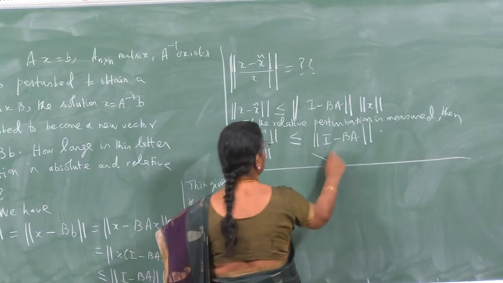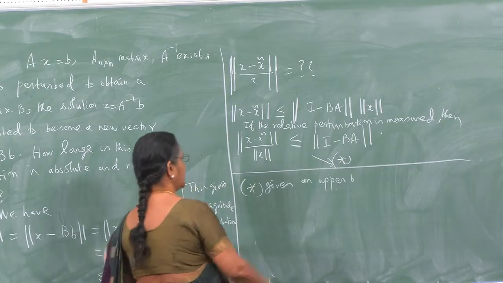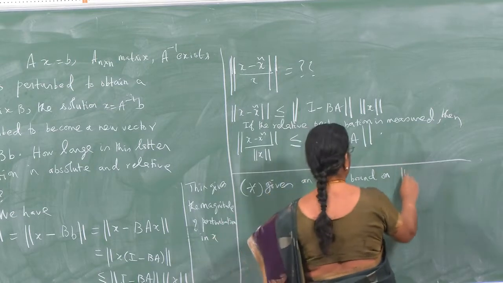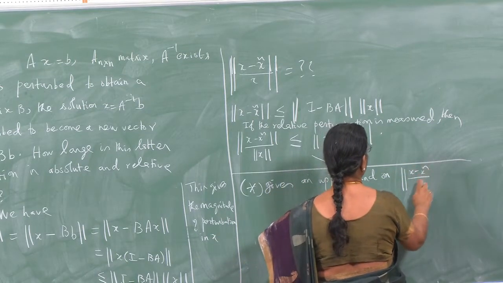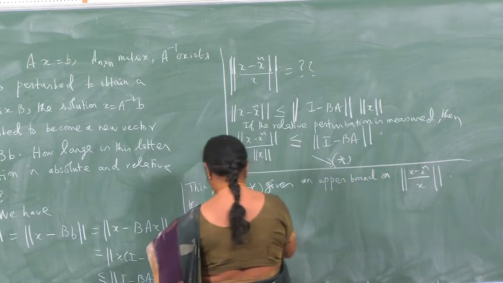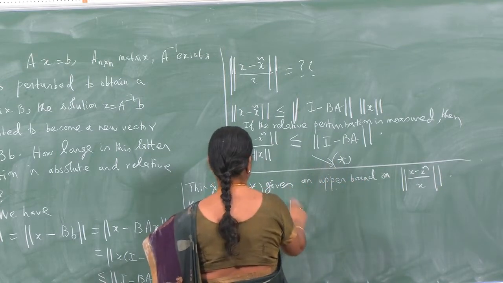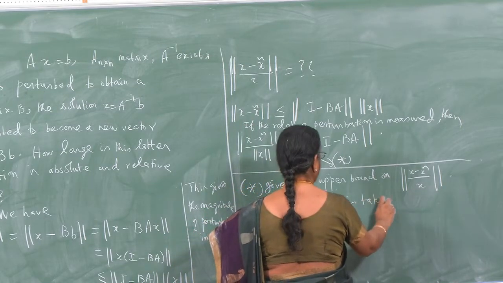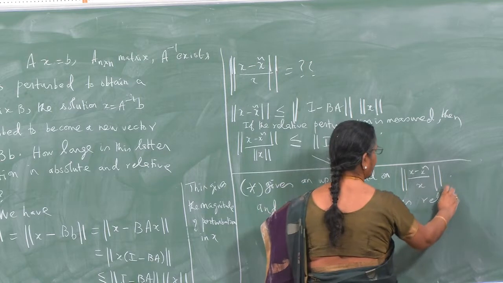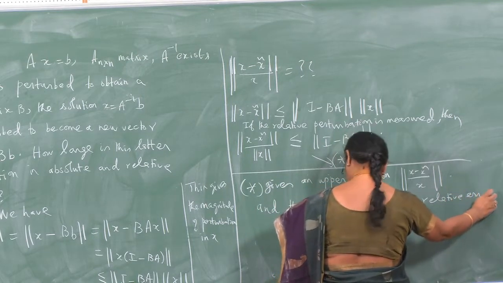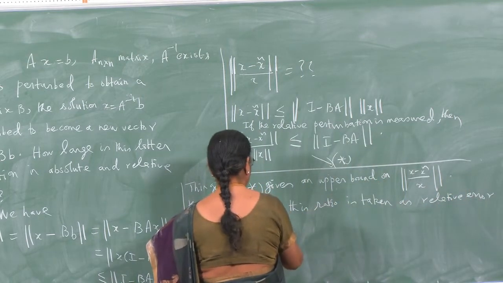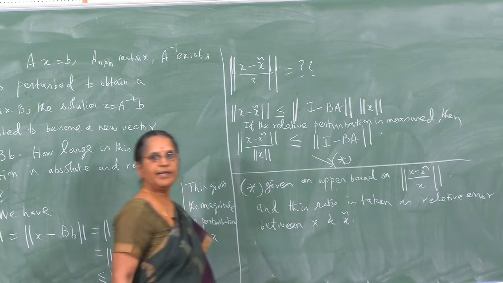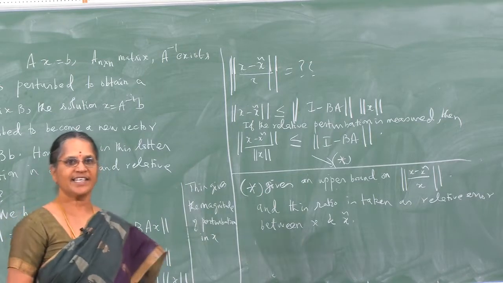Namely, if I call this a star, star gives an upper bound on the relative magnitude of the error, and this ratio is taken as the relative error between the actual value and the computed value, namely between x and x tilde.